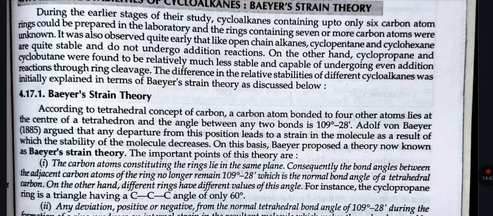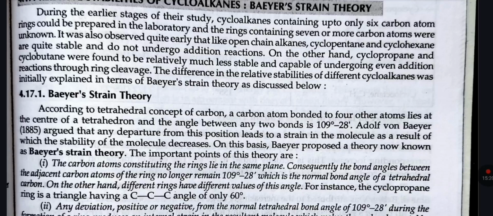The difference in the relative stability of different cycloalkanes was initially explained in terms of Baeyer strain theory, as discussed below. Baeyer strain theory. According to the tetrahedral concept of carbon, a carbon atom bonded to 4 other atoms lies at the center of a tetrahedron, and the angle between any two bonds is 109 degrees 28 minutes.